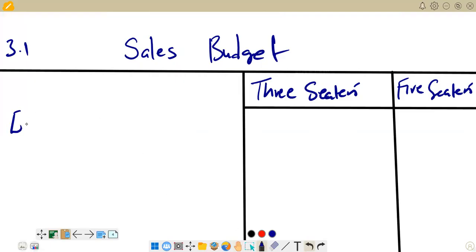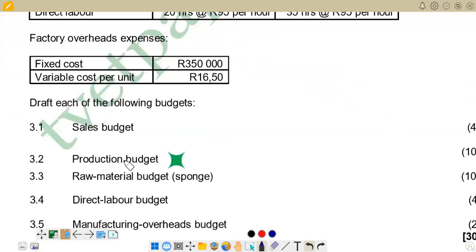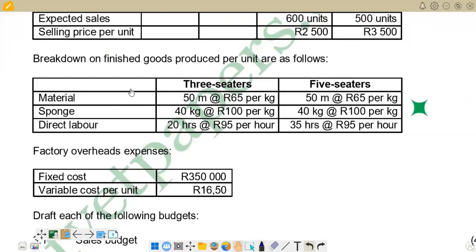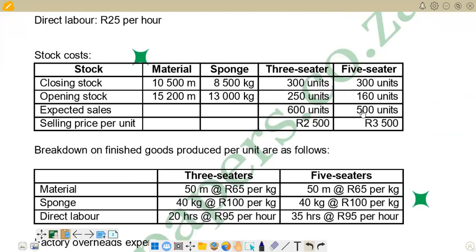We go up to see what we have for expected sales in units of 3-seaters and 5-seaters.